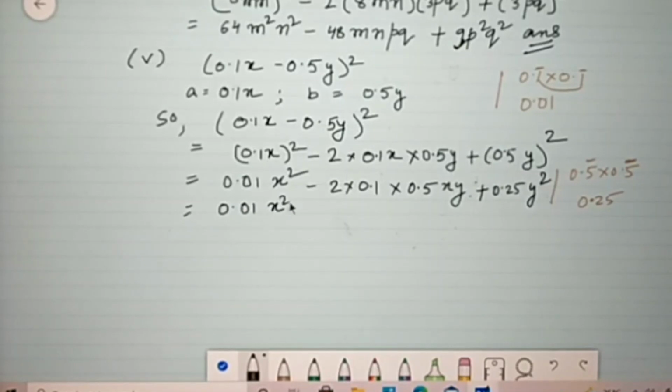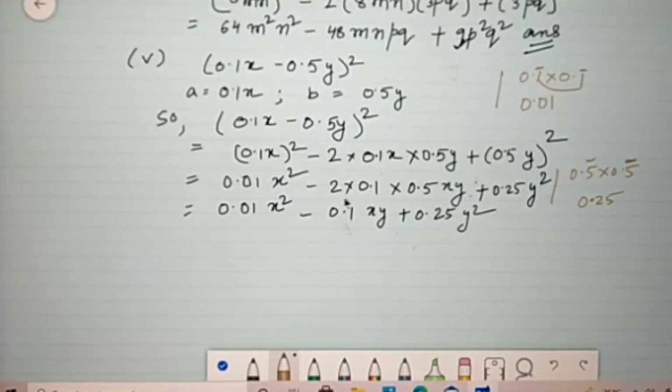So we write 0.01x square. Now multiply: 0.5 into 2 is 1, 1 into 0.1 is 0.1. So this is minus 0.1xy plus 0.25y square.